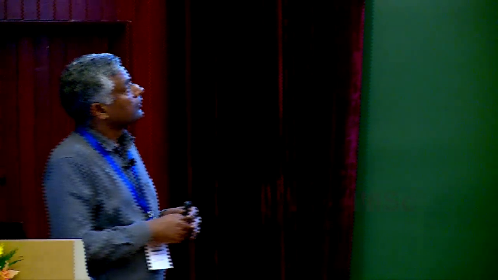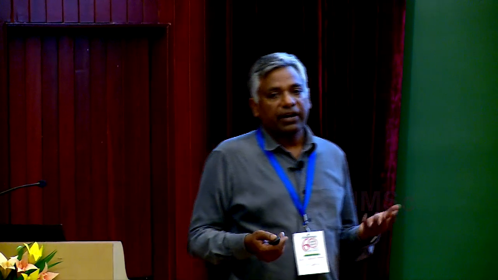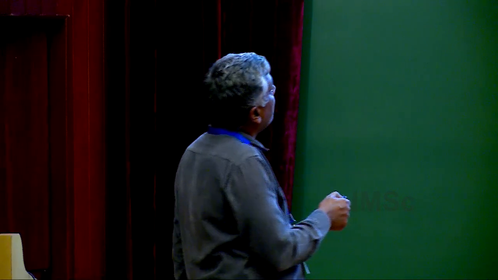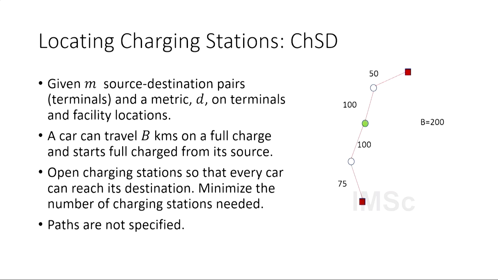Now, another interesting problem in the same domain is the setting of a charging station. So now you have electric vehicles, and every electric vehicle comes with a certain range. What is the distance it can travel on a full charge? So now we're given these source destination pairs.